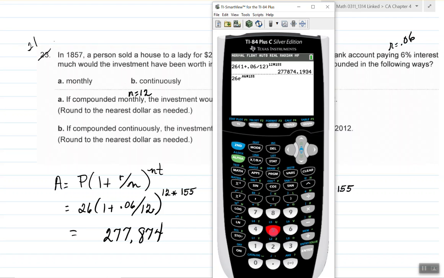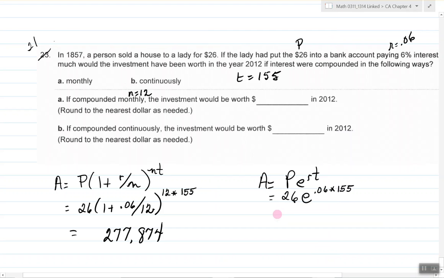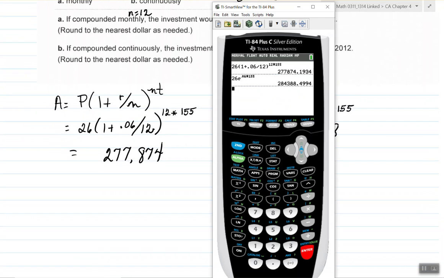I'm sorry, that's so tiny. Significantly more because of the amount of years that this went on. It is 284,388. So let me go to the calculator, grab this.